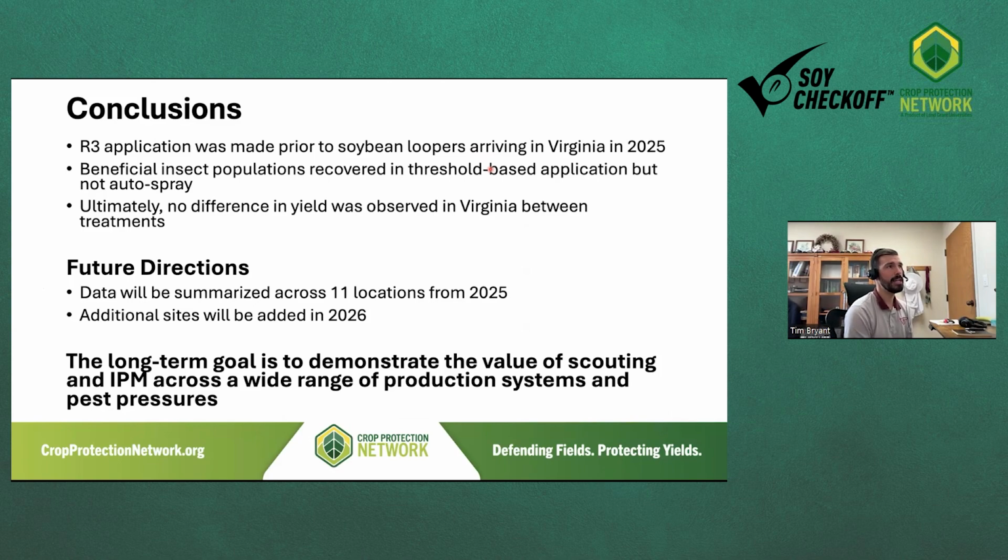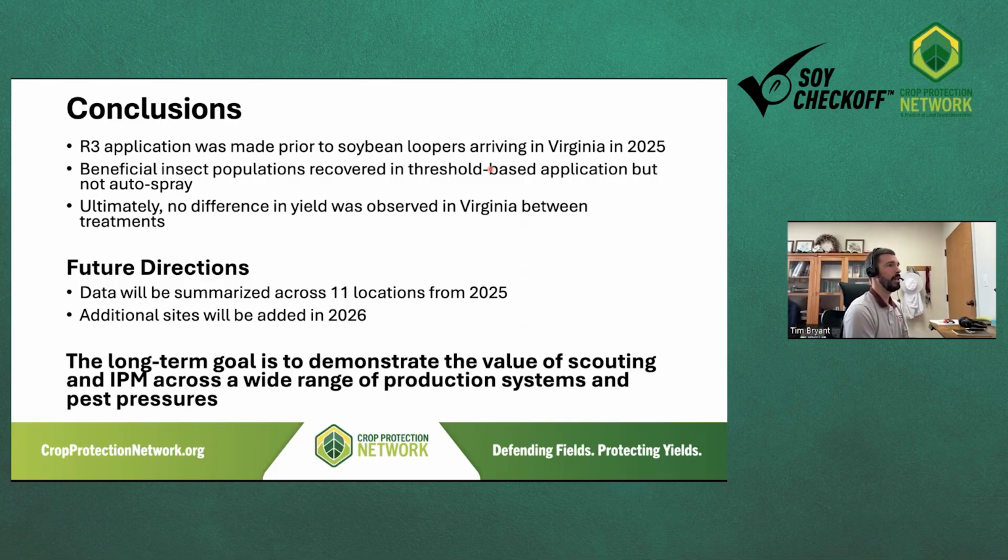The beneficial insect population recovered in our threshold-based application, but not in the auto spray. So if we had something like soybean aphids or two-spotted spider mites late in the season, having that beneficial insect population still be present would be beneficial. And ultimately, we didn't observe a difference in yields between the treatments at any of the 4 locations that I've showed you.